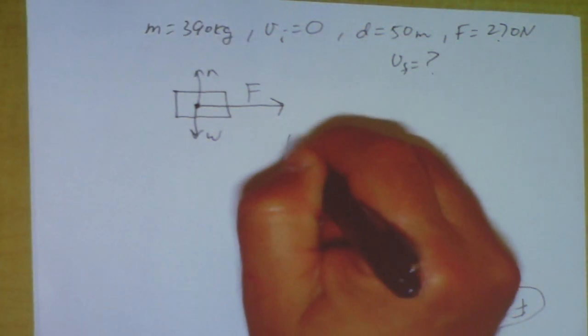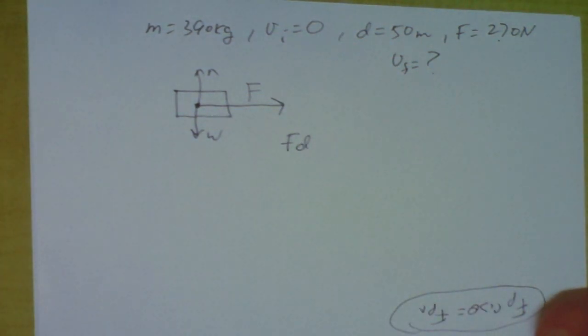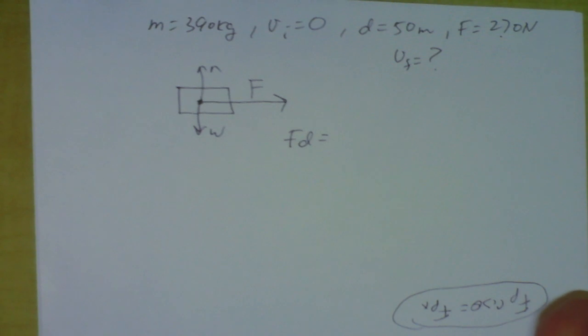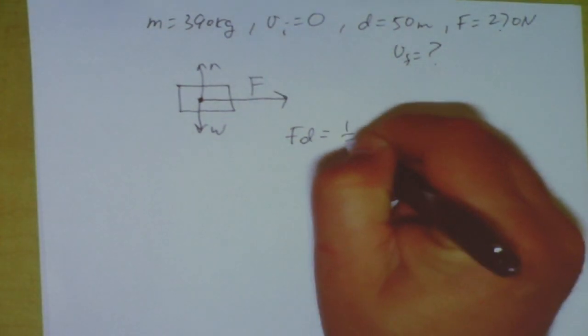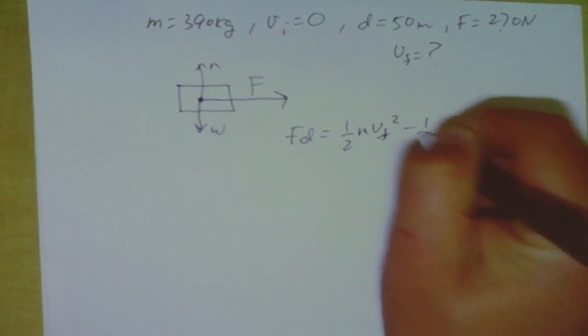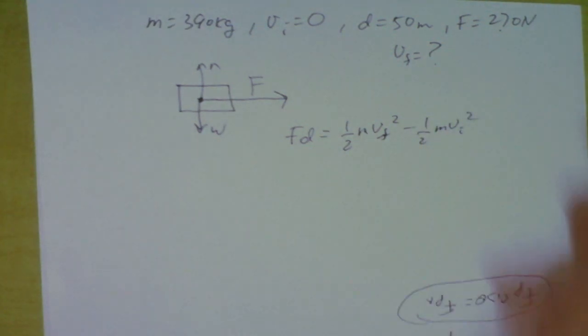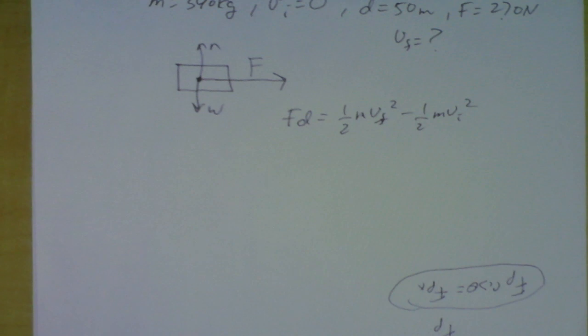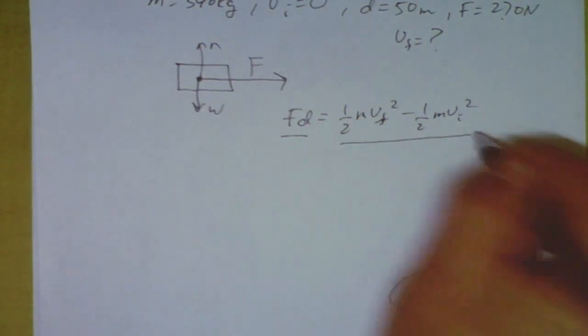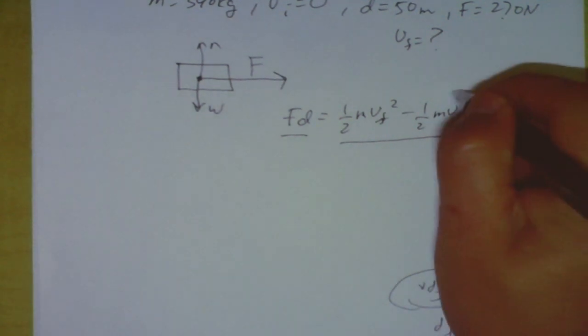So the work is F d cosine of 0, which is just 1, so I'm not going to write that. That's the change in kinetic energy, the final minus the initial: 1/2 m v final squared minus 1/2 m v initial squared. I'm just picking out this part of the work energy theorem that I gave you. Initial speed is 0.